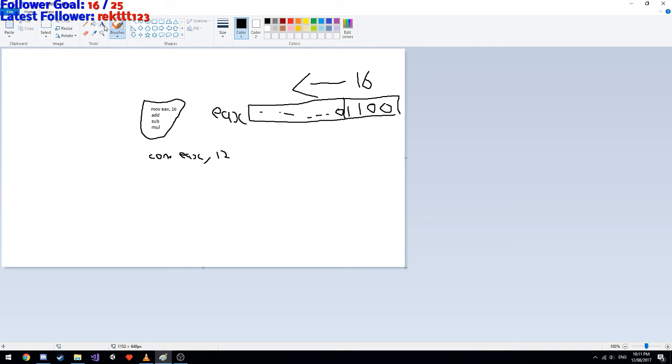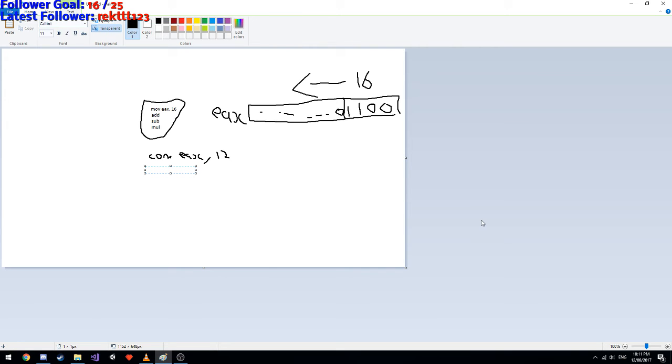Now with that, we've got a lot of ways that this can happen. So what I will then do is say, okay, we compare number 12 to what's in EAX. Since we've got 16 in there, what it'll actually do is, in a separate register, sort of its comparison register, it'll set a flag.